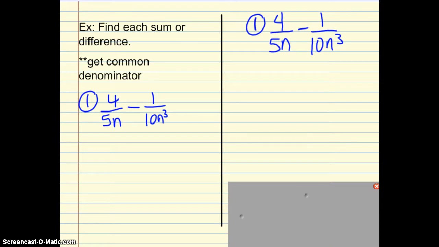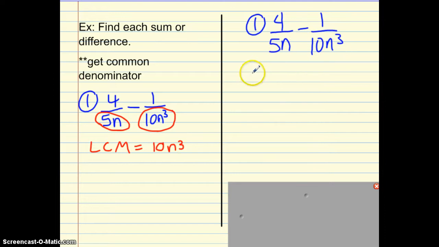So when I look at the bottom, I've got 5n and 10n to the third. From yesterday's lesson, I know that 5 and 10 both go into 10, and my largest exponent here is n to the third.